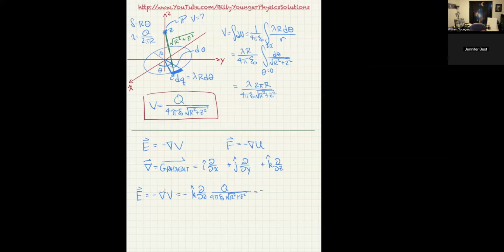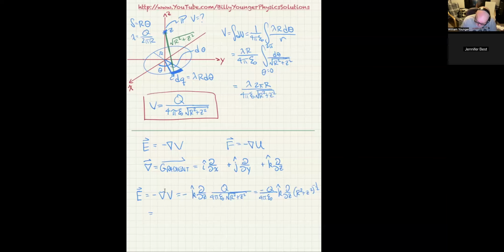I'm going to say negative q over 4 pi epsilon naught k hat times the partial with respect to z of r squared plus z squared to the negative 1/2 power. So when I take this derivative, I obviously am going to take the derivative of u to the negative 1/2 power, and that's going to be negative 1/2 times u to the negative 3/2.